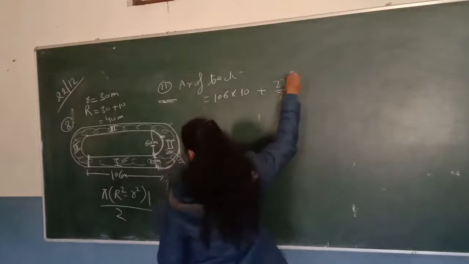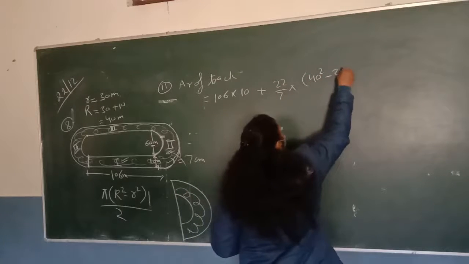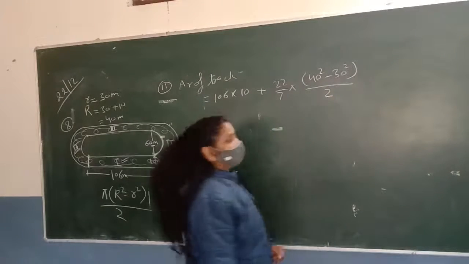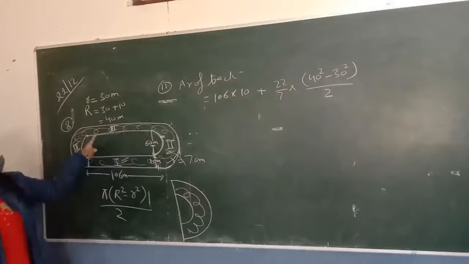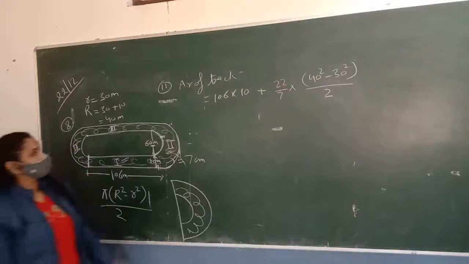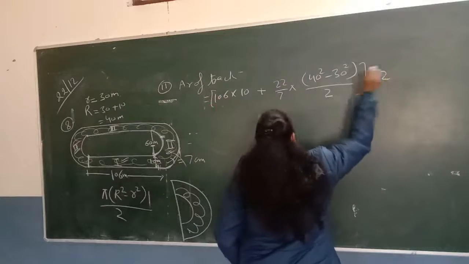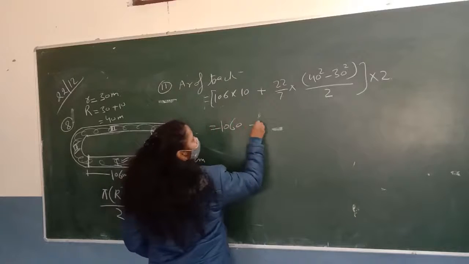Pi into R square minus r square, divided by 2. This is the semicircle portion, again the rectangle and the semicircle portion. So we can multiply it by 2. So please calculate this one and then tell me what is the answer.